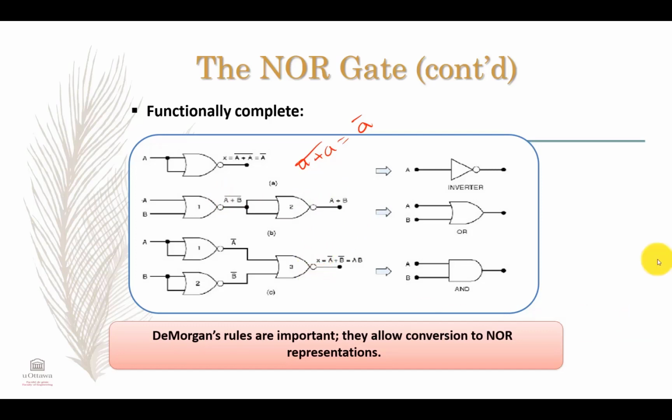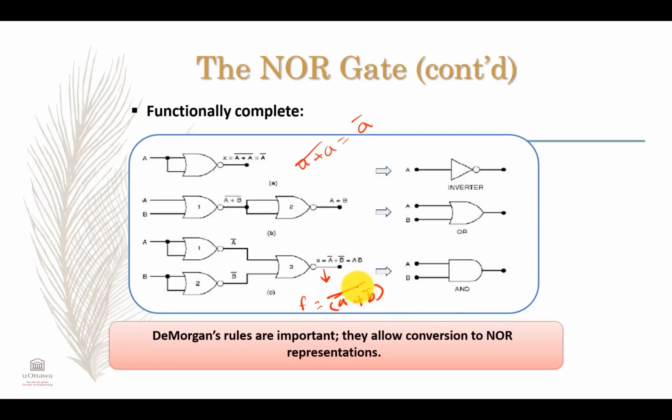A NOR gate with complemented inputs acts as an AND gate. So what I have to do in order to implement an AND gate is to complement A using what I learned here, and after that, complement B. Then after that, I have to NOR the complement of A and the complement of B. This is function F. Function F will have A prime plus B prime, the whole expression primed.